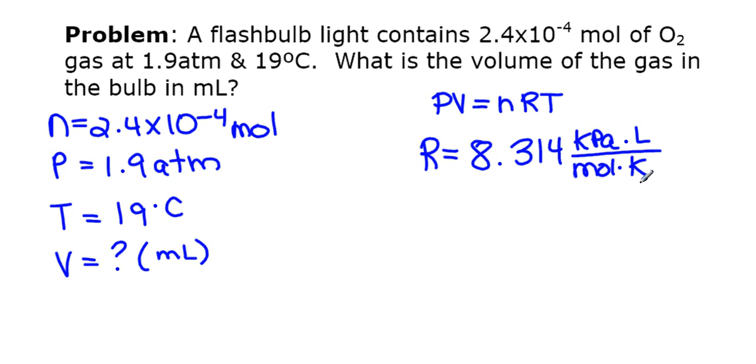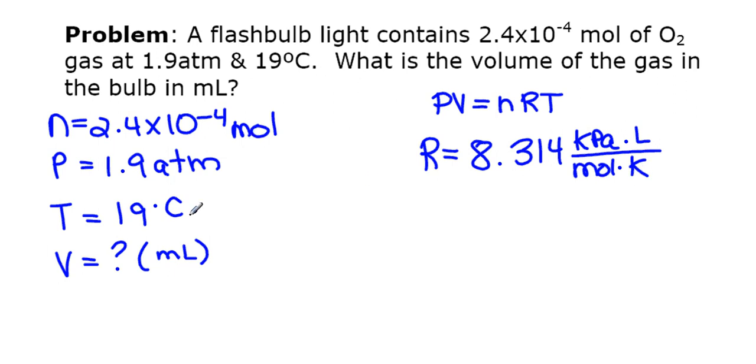When I look at my R value, I want to check, do I have all of my variables in the right units? kPa, this is not in kPa, so I'm going to need to change atmospheres to kilopascals. Liters, when I use the ideal gas law formula, my answer will be in liters, so I just have to remember to change it to milliliters at the end. Moles and moles.